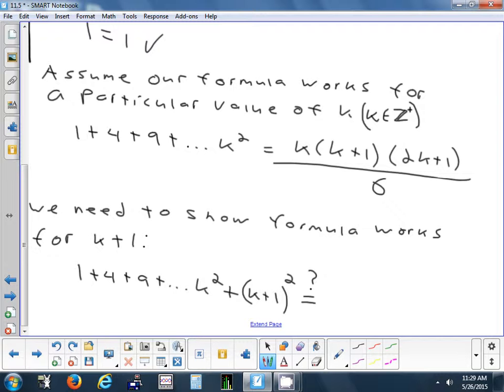So I'm going to copy all of this. Well, this only adds everything up to the kth term. We got to extend this formula a little bit and see if it works to the k plus 1th term. So what would you have to fill in for all your k's? So k plus 1. Right. If you wanted to know what the first 20 numbers add up to, fill in 20 for k. The first 1,000, fill in 1,000 for k. The first k plus 1, fill in k plus 1 for k.